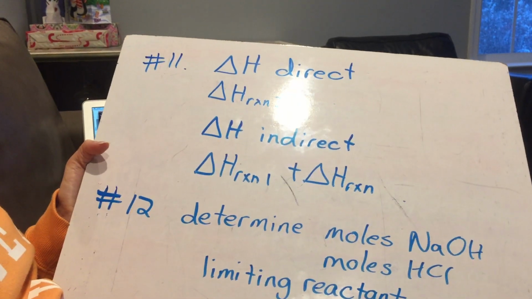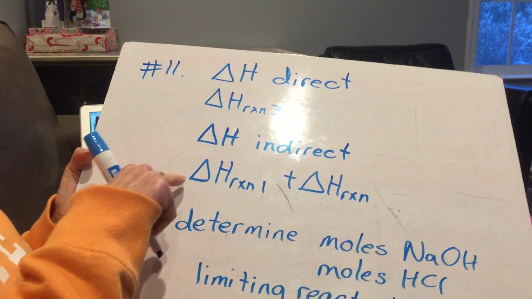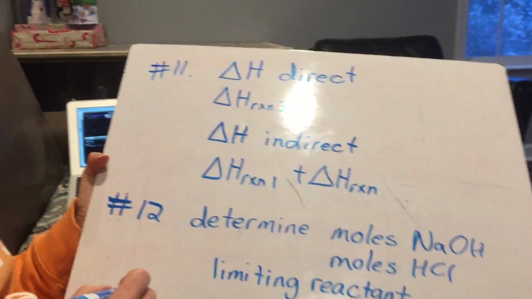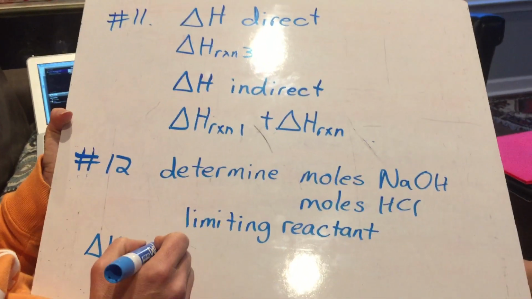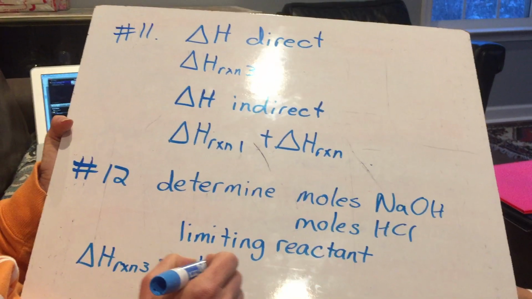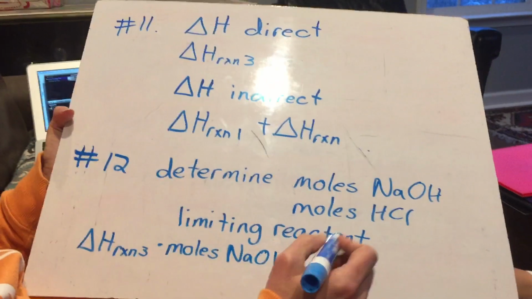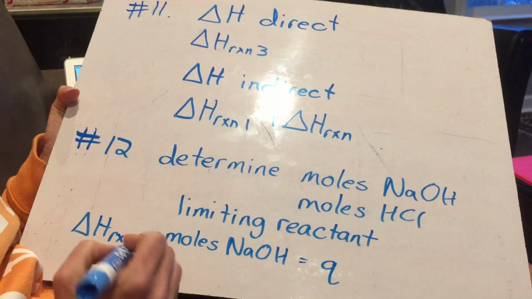Then you need to take that limiting reactant and plug it into your delta H reaction. You're going to say, okay, the delta H of the reaction, and we're going to use delta H from reaction 3, times the moles of sodium hydroxide is going to equal the heat that was released when the janitor made the mistake.